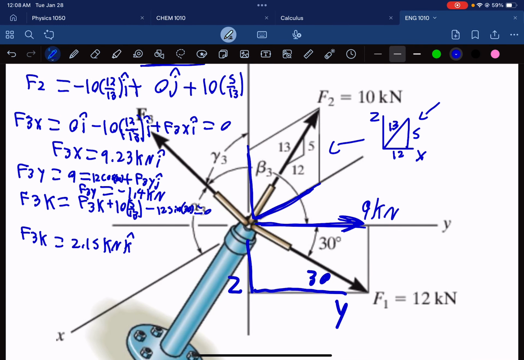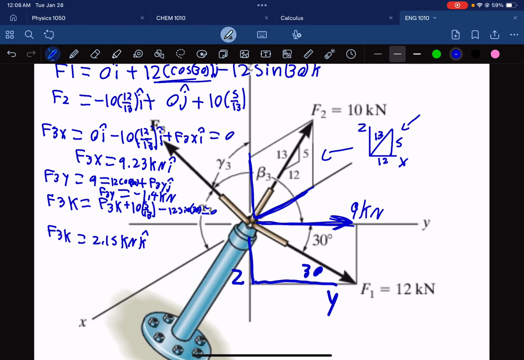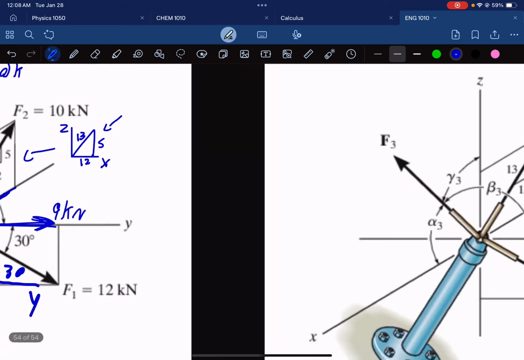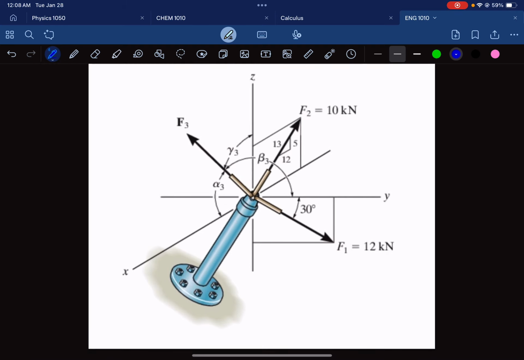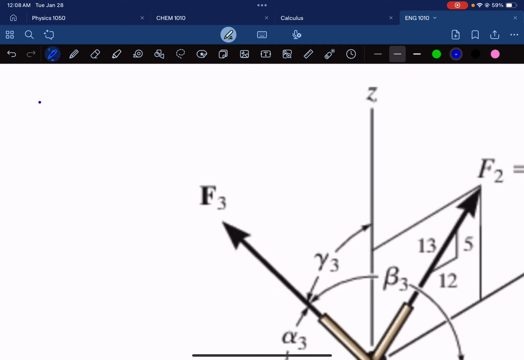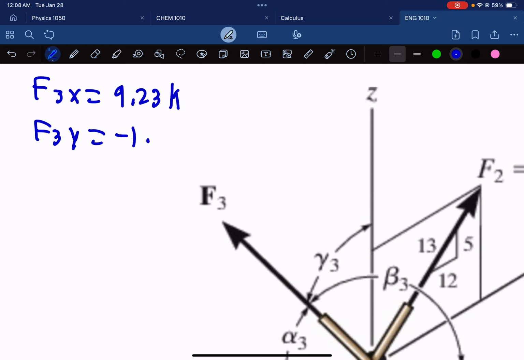We can find our resultant, and from our resultant and these components, we can find alpha, beta, and gamma for F3. So let's go to a nice clean page for this. So now F3x equals 9.23 kilonewtons. F3y equals negative 1.4 kilonewtons.